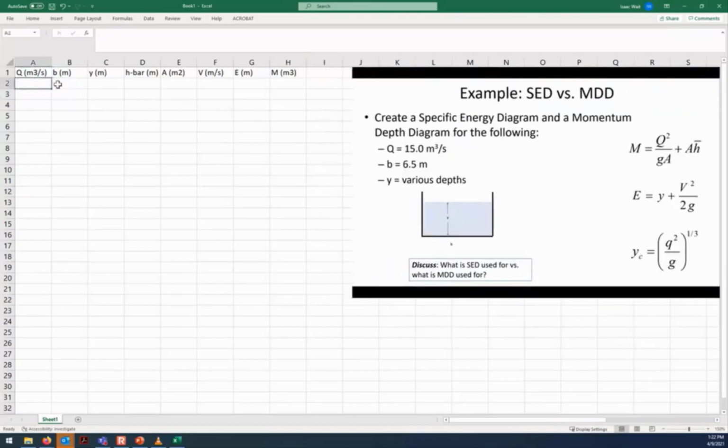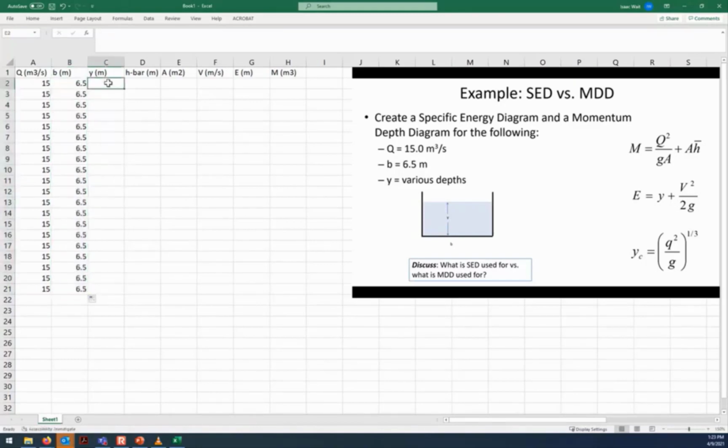All right, so in this problem we have a flow of 15 cubic meters per second. Since I want a nice smooth curve, I'm going to have maybe 20 different rows. So 15 cubic meters per second, and the channel is always a constant 6.5 meters wide. But there's a variety of different depth possibilities.